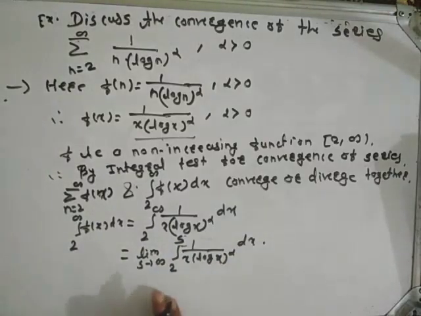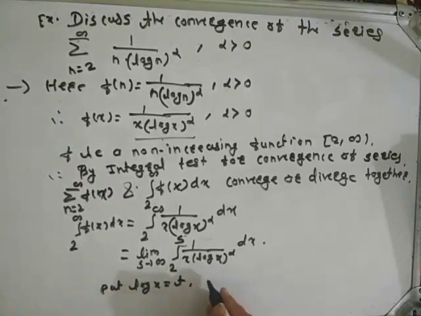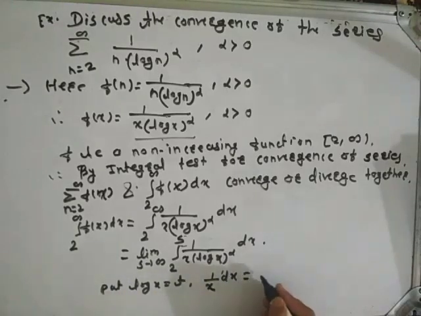We solve this integration by substitution. Put log x equals t. Take the derivative on both sides. We get the derivative of log x, which is 1 upon x dx, equal to dt.